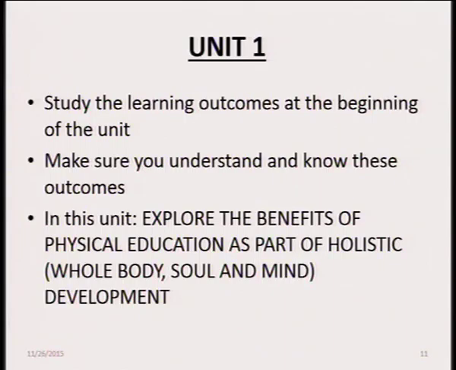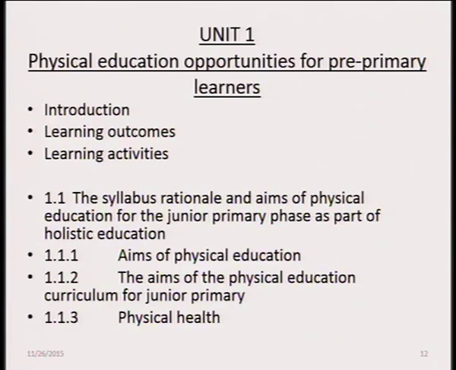Unit 1: now we come to the units of the study guide. Study the learning outcomes at the beginning of the unit. Make sure you understand and know these outcomes. In this unit, the benefits of physical education as part of holistic, that is whole body, soul and mind development, will be explored.